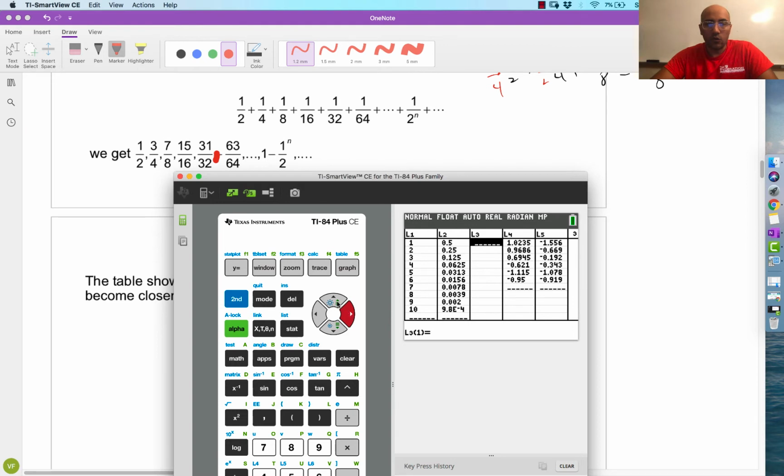So let's go over to list 3 and highlight L3. And I'm going to put in this formula here, but instead of n, I'm going to choose L1.